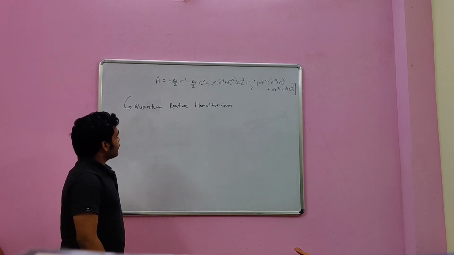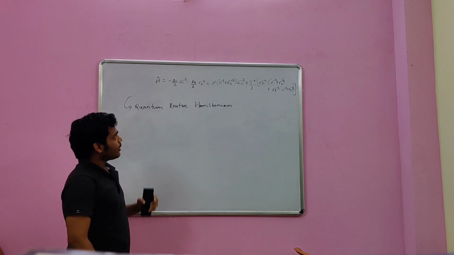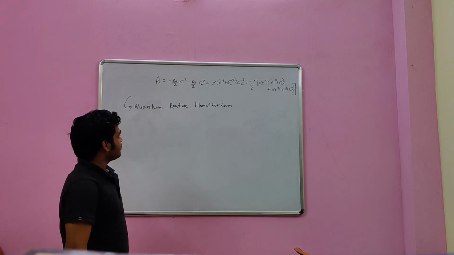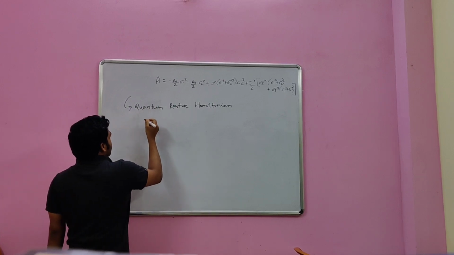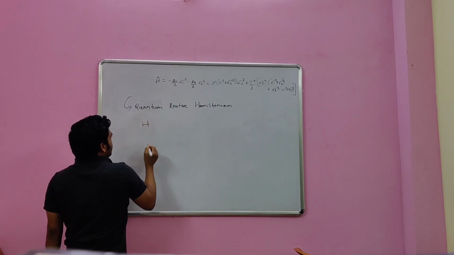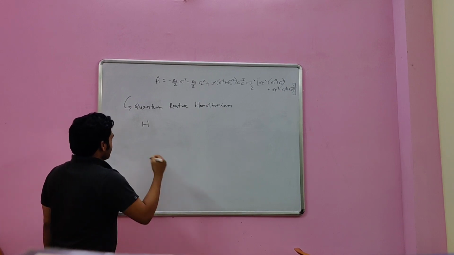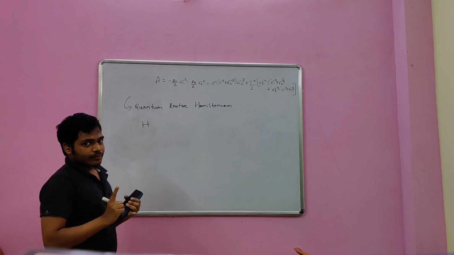Okay, so let's go term by term and prepare the unitary operator for the corresponding Hamiltonian. Suppose we are given a Hamiltonian which governs a particular system, then we need to find the unitary operator corresponding to that Hamiltonian.